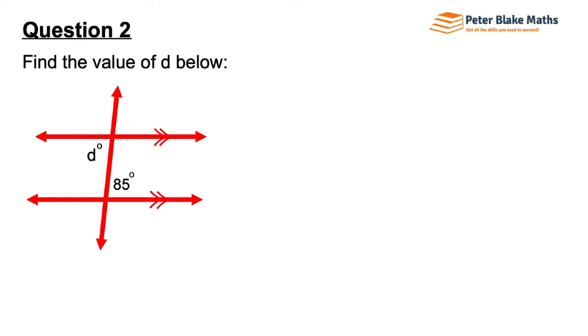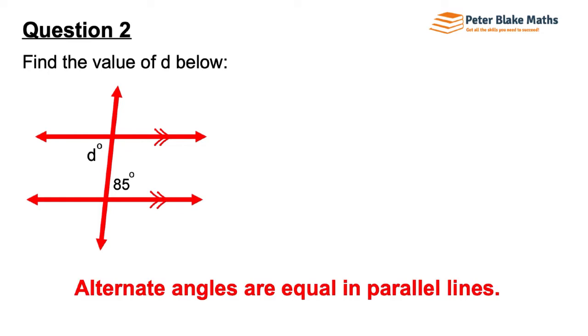They're on what I say are alternate sides of that almost vertical line called the transversal, and they're between the two parallel lines, so that's an alternate setup. And alternate angles are equal in parallel lines. You can see they're both acute, slightly less than 90 degrees. So if alternate angles are equal, and the d and the 85 are in those positions, then we can just say d equals 85 degrees.